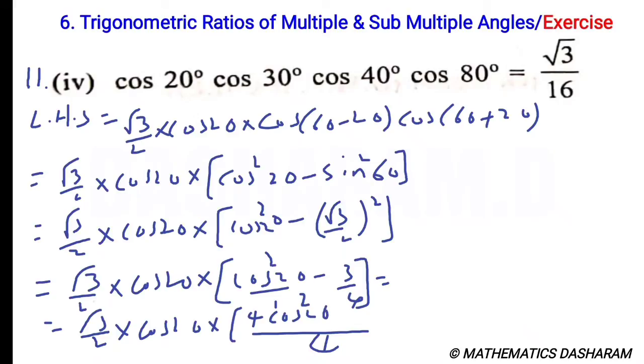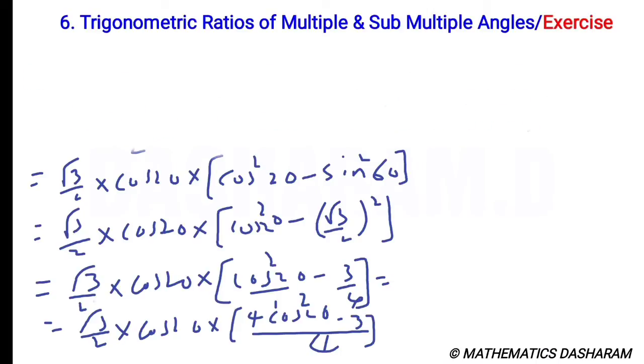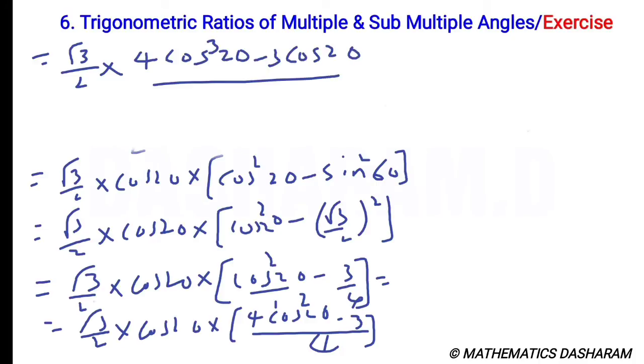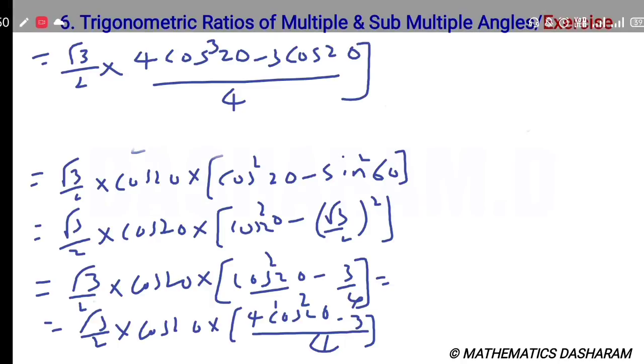So here 4 cos square 20 minus 3. So it is equal to root 3 by 2 into, here cos 20 multiply inside. So 4 cos cube 20 minus 3 cos 20 divided by 4.